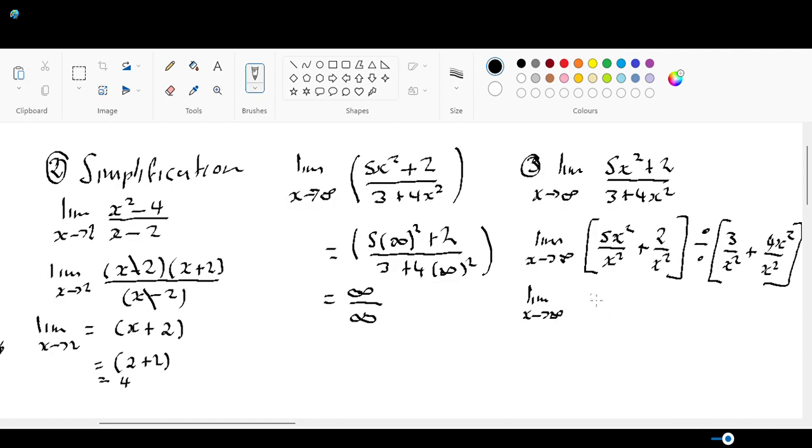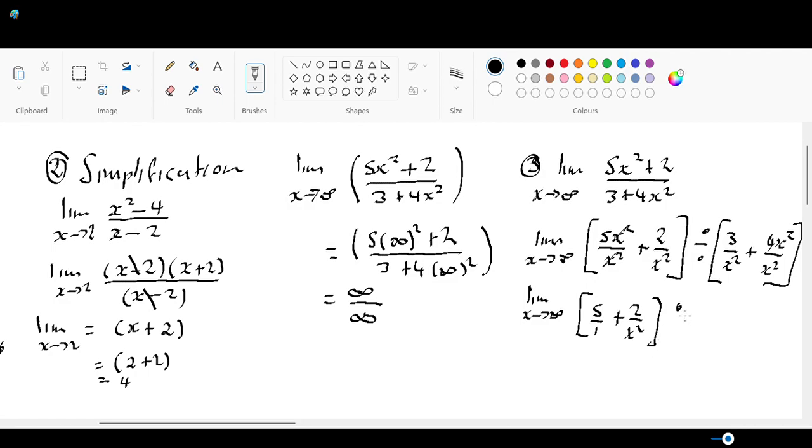If we continue like this, we're going to have the following. 5 divided by 1, because x squared divided by x squared, you're left with 1. This one, there's nothing we can do, we still have x squared.